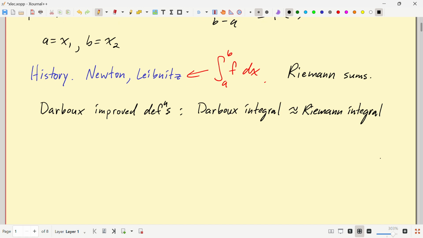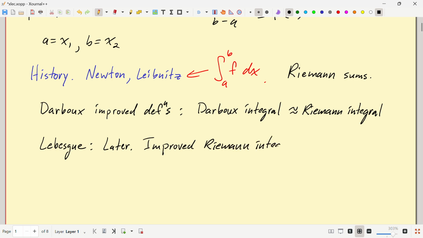Anyway, later, another French guy, Henri Lebesgue, came later and improved the Riemann integral. He invented measure theory, which was an important advance.